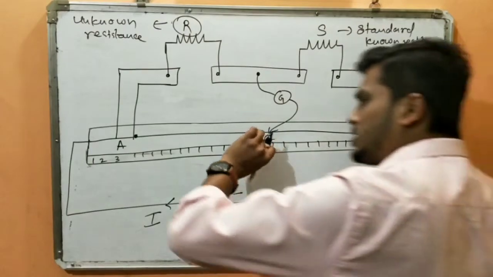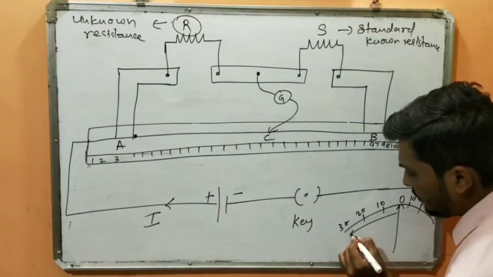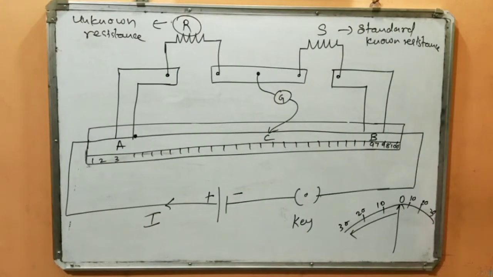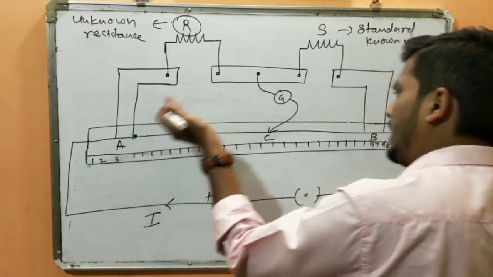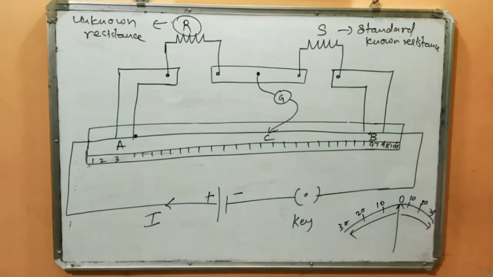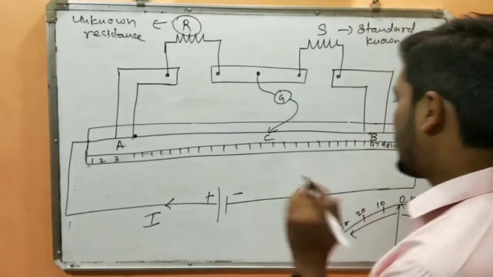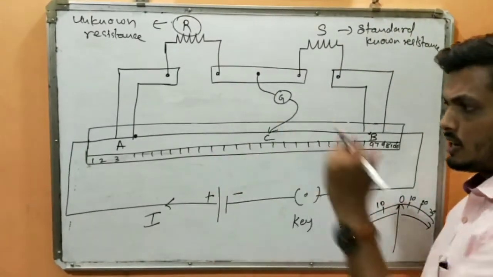Once I place my jockey here, I find that my galvanometer has deflected here. Once again, if I lift it and bring it here, it has deflected there. It is indicating that there is current flowing through this circuit.